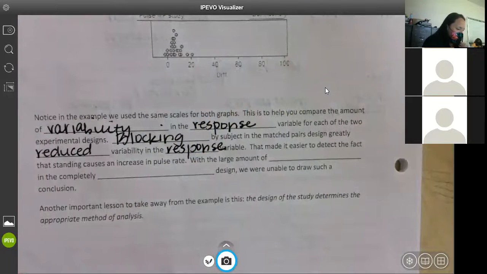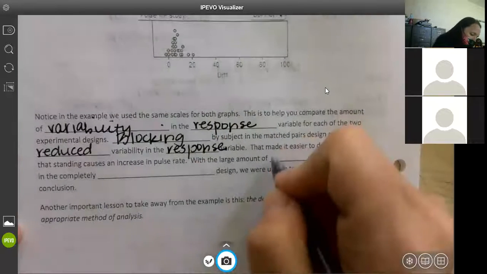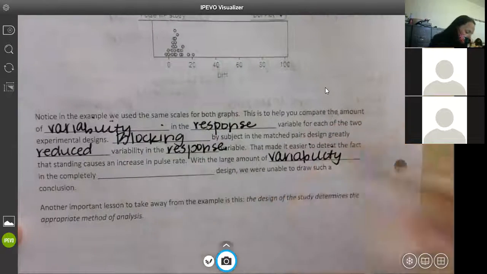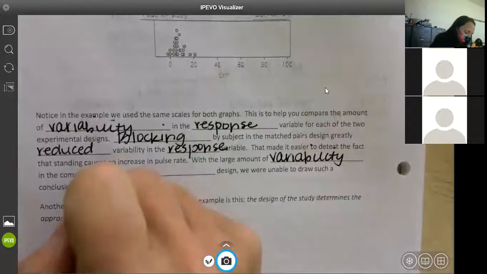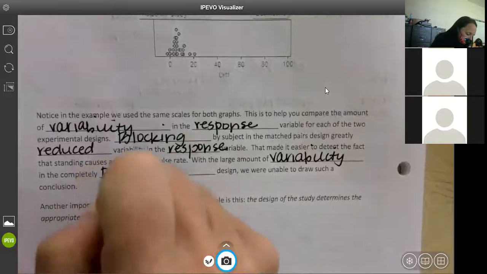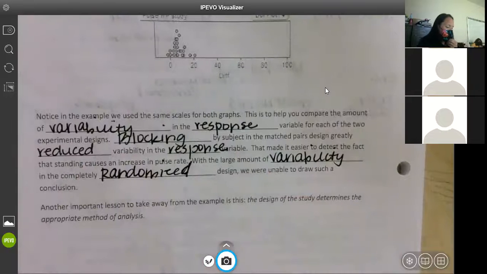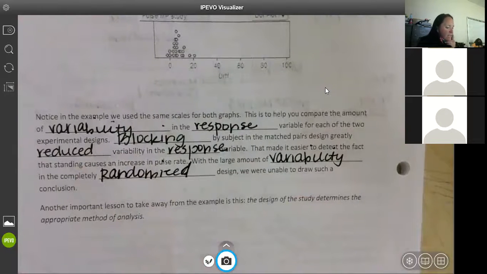That made it easier to detect the fact that standing causes an increase in pulse rate. With a large amount of variability in the completely randomized design, we were unable to draw such a conclusion. Another important lesson to take away from the example is this: the design of the study determines the appropriate method of analysis. All right.